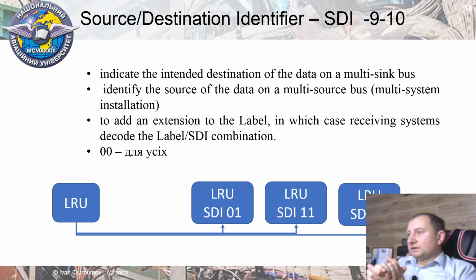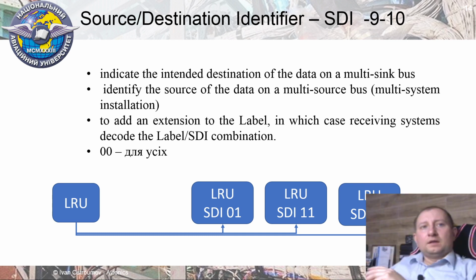The next 2 bits are the source destination identifier, 10th and 9th bit. They indicate the intended destination of the data on a multi-sync bus. In this case, we can specify only 3 addresses for LRUs: SDI 01, SDI 11, and SDI 10.